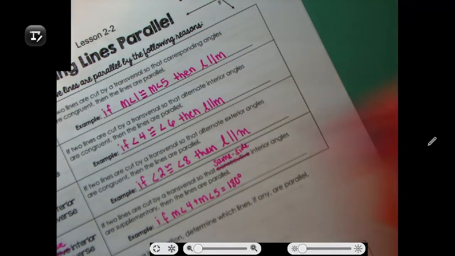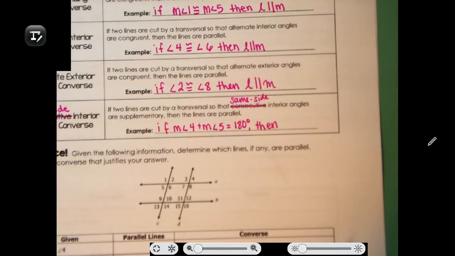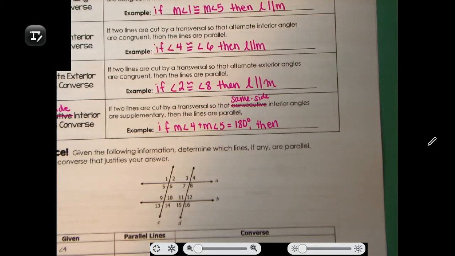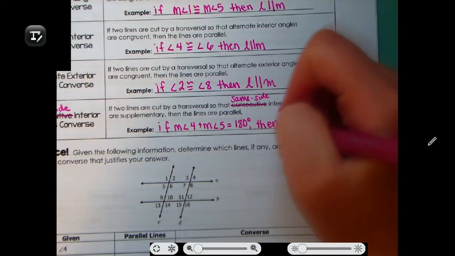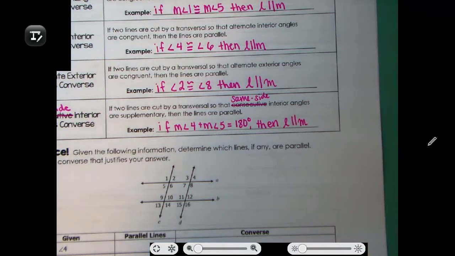If I add those two together and I get 180, then that must mean that L is parallel to M. Okay, so those are all of our converses for these special angle relationships.